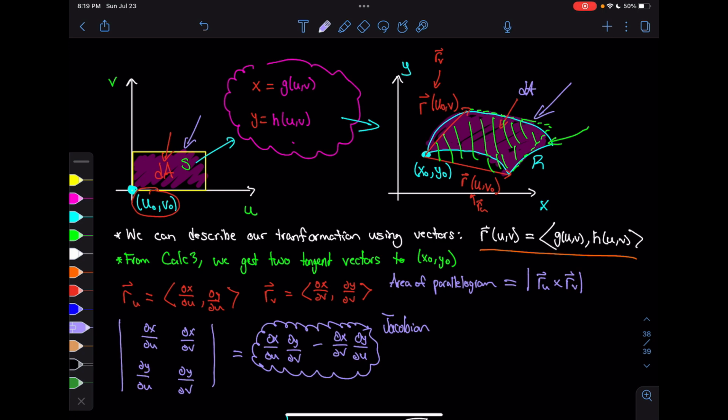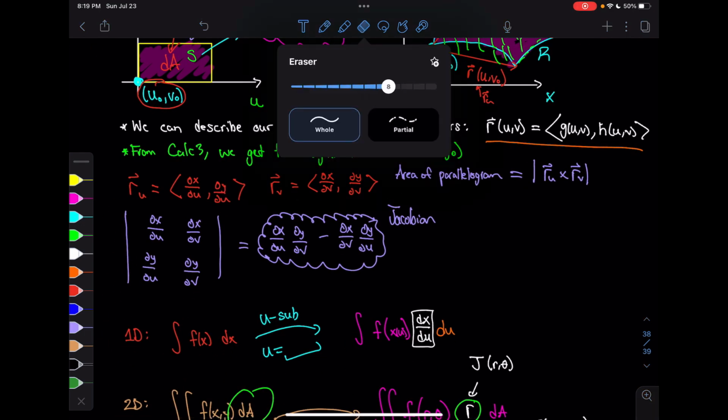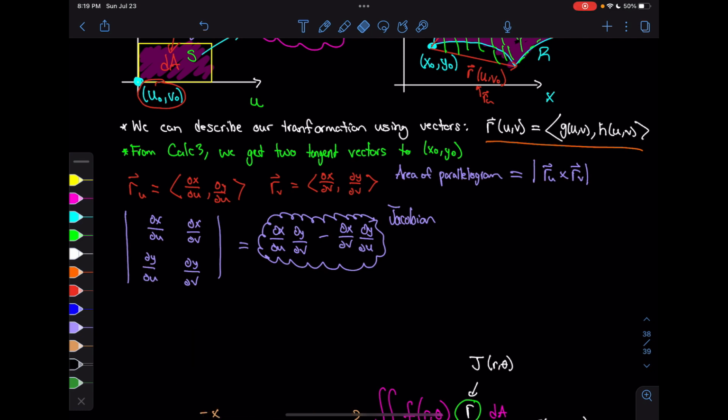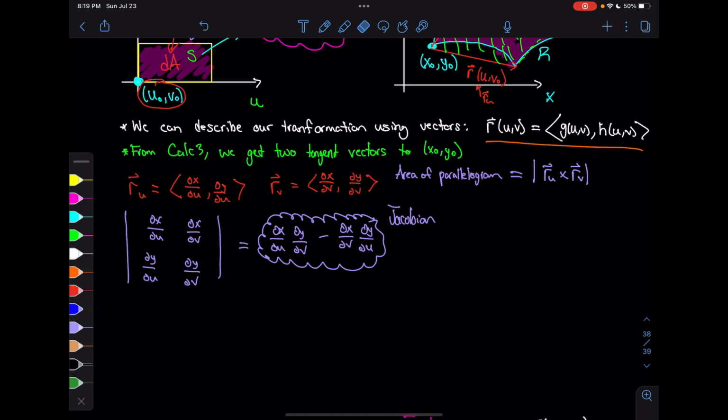Now, maybe it's not clicking yet, and I don't blame you. But let me give you something that you've definitely seen before 100 million times, which is, what is the Jacobian of the polar coordinate transformation?